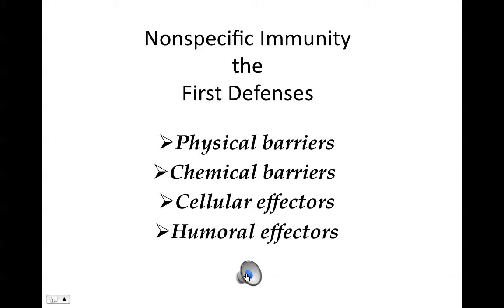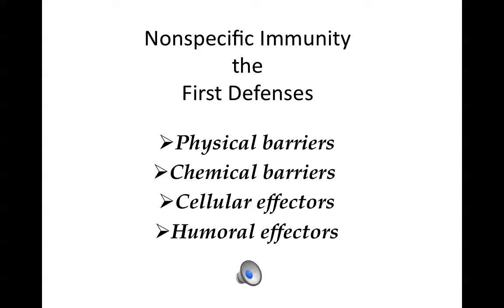Nonspecific immunity are the first defenses that protect us from invasion by potentially pathogenic microorganisms. The first defenses can be simply physical barriers, intact skin and mucous membrane. As long as those cells lining the skin and mucous membranes are intact, that prevents the introduction of potentially pathogenic organisms.